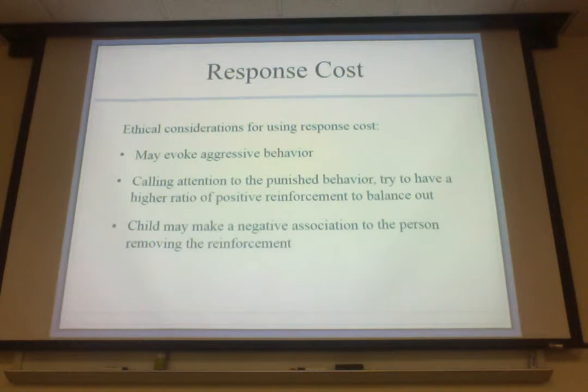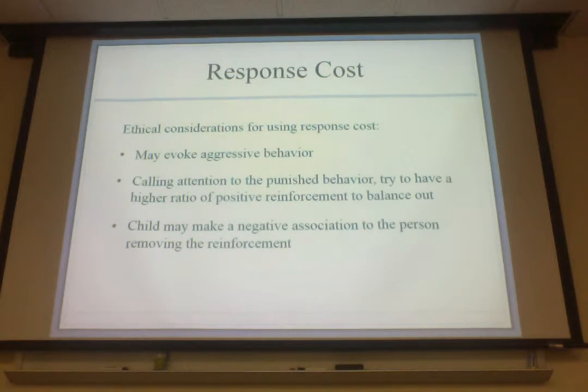Ethical considerations for using response costs: it may evoke aggressive behavior. The child could get frustrated and lash out because you took away that reinforcement, so just be aware of that. Calling attention to the punished behavior, so try to have a high ratio of positive reinforcement to balance that out.